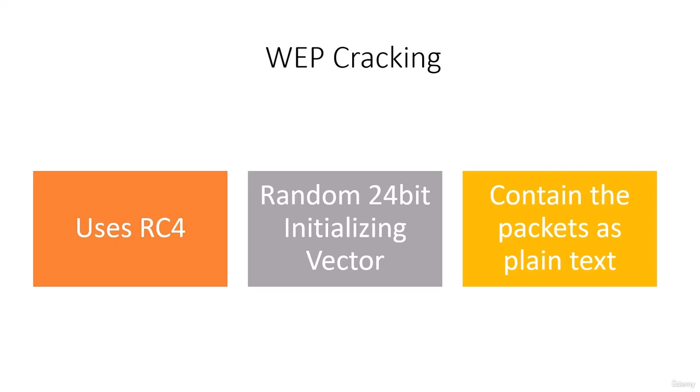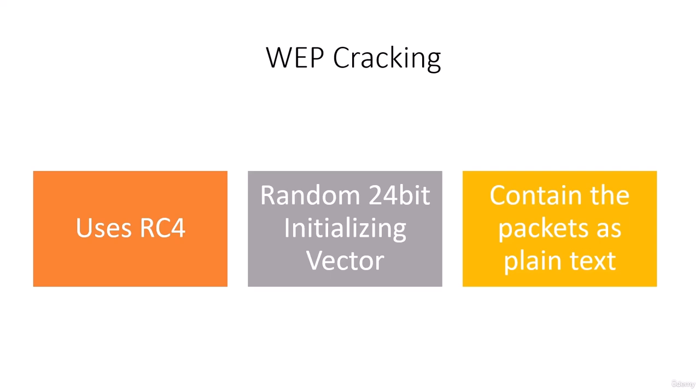So in a busy network, there will be a very large number of packets sent into the air. This means the number of possibilities of random IVs will be exhausted and we will have two packets that have the same initializing vector. The initializing vector is a 24-bit random key sent in each packet as plain text.